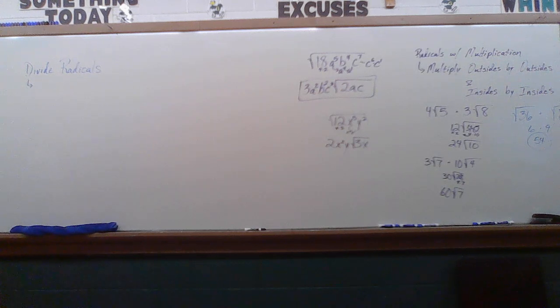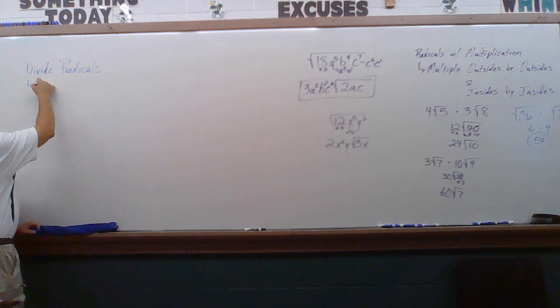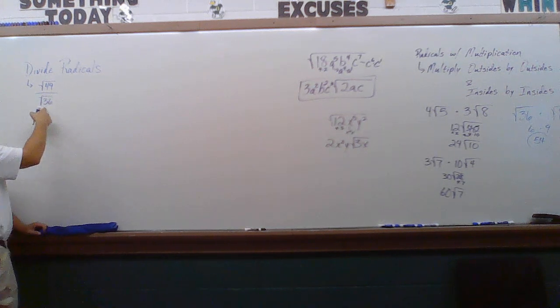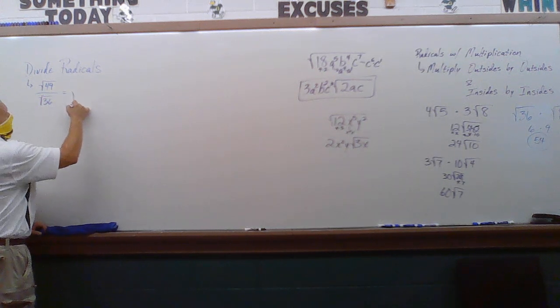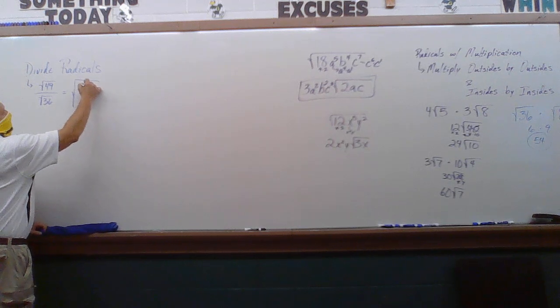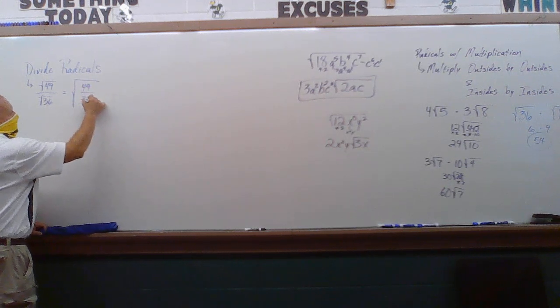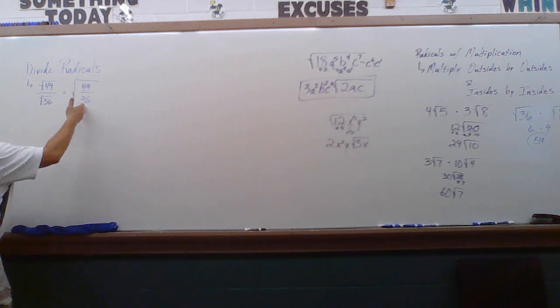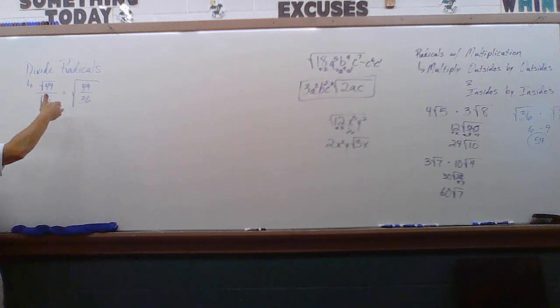When I divide radicals, the first example, if they wrote the problem like this, the square root of 49 divided by the square root of 36, this is equivalent to one giant radical and saying 49 divided by 36. Just two different ways of writing the problem. Okay? So, if it's written like this, you can rewrite it like this or vice versa.